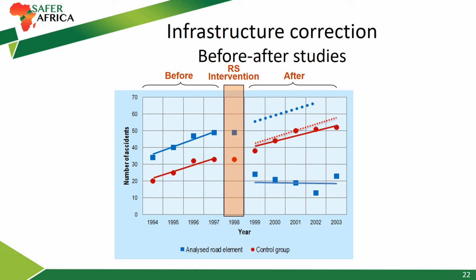The control group data in the picture is represented in red and the corrected site in blue. In this case, the estimation of the anticipated road safety in the corrected sites in the after period takes into consideration both the regression to the mean effect and the developments in the control group sites.